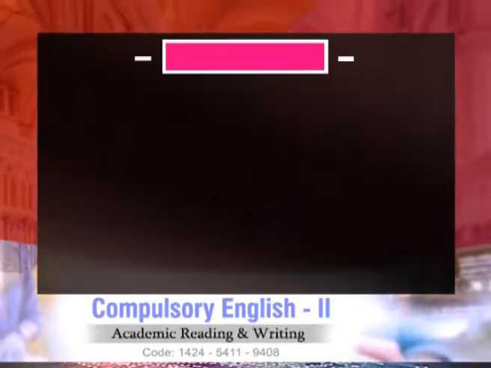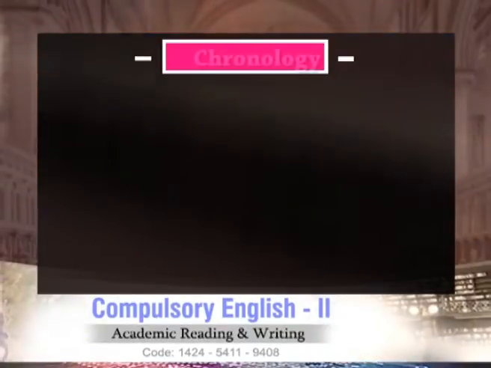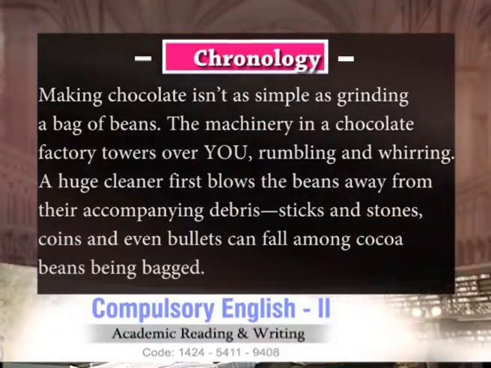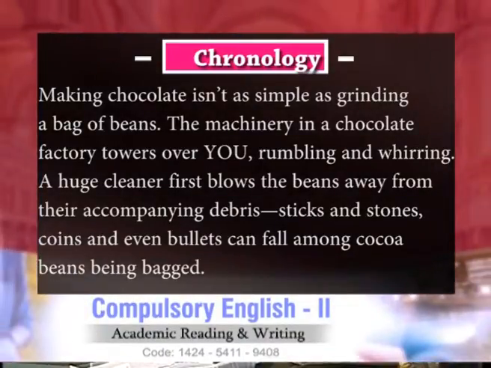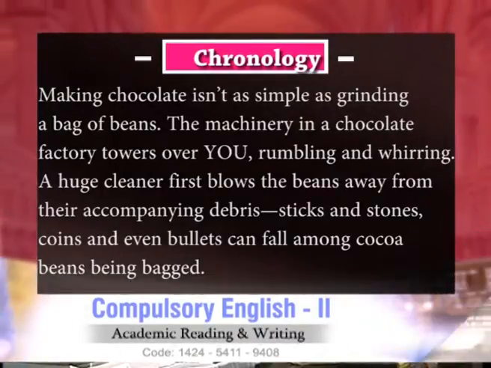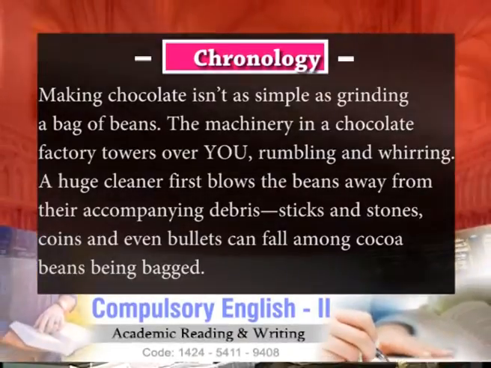I'll give you a certain example for you to be clear about what process writing looks like. We have a paragraph here on the screen. Making chocolate isn't as simple as grinding a bag of beans. The machinery in a chocolate factory towers over you, rumbling and whirring.